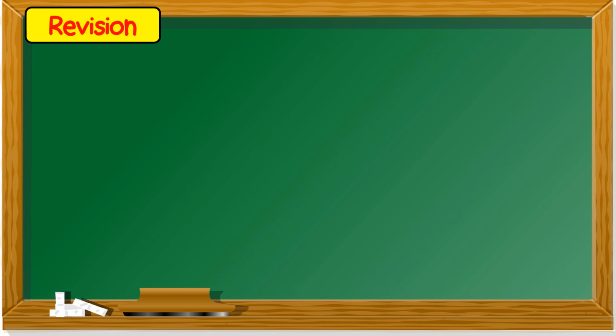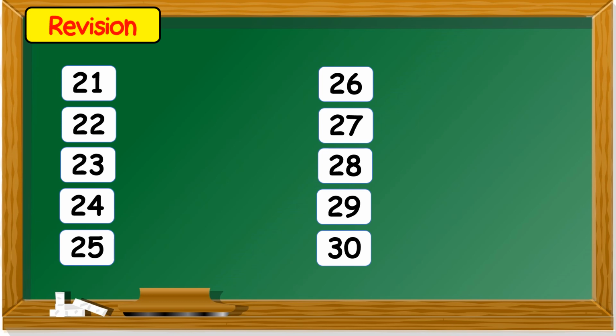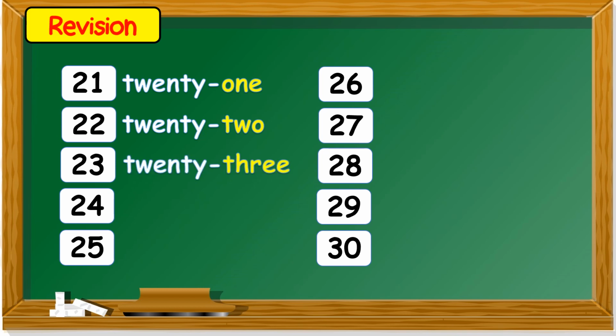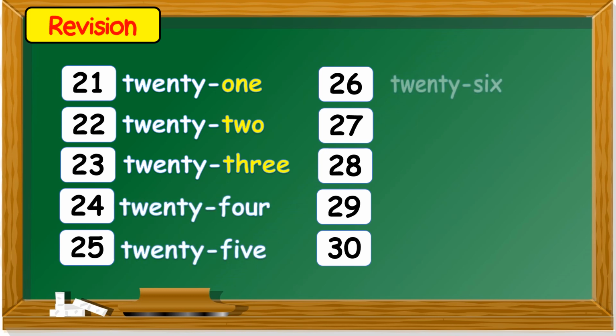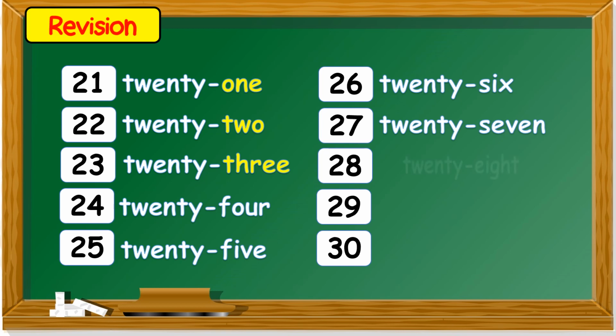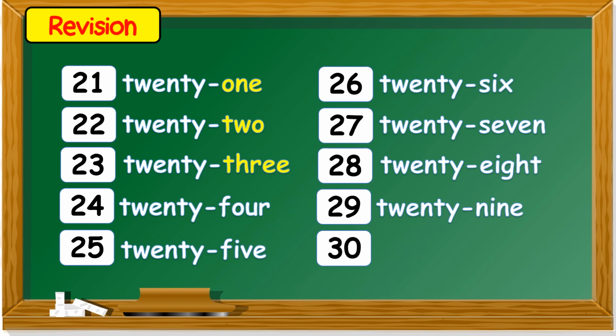We continue on with 20s. This is 21, 22, 23, 24, 25, 26, 27, 28, 29, 30.